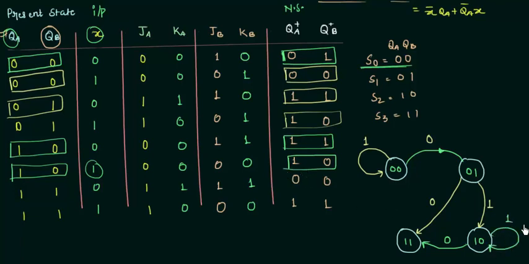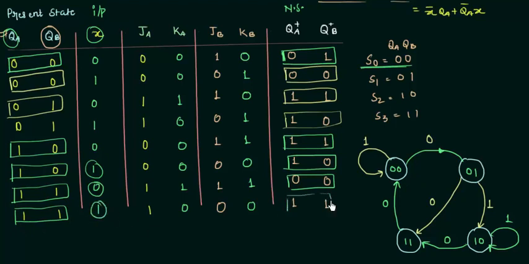For the last case, when I am on S3, that means 1 1, if the input is 0, I am going to be on S0. So this is S0 when the input is 0. Final case, when I am on S3 and the input is 1, I am going to be on S3.